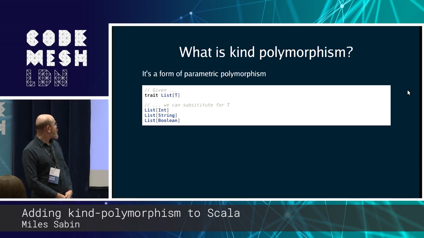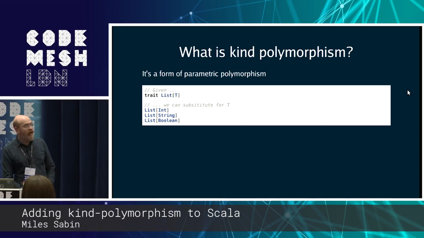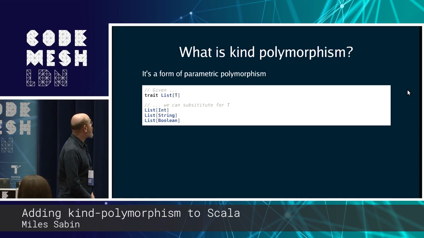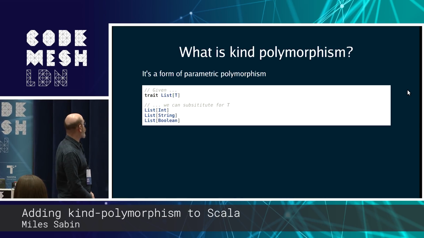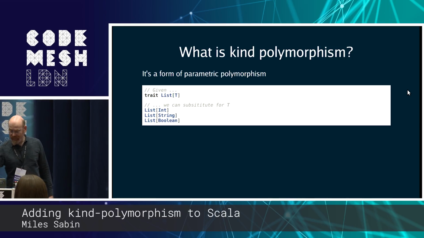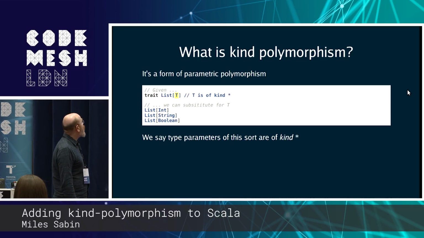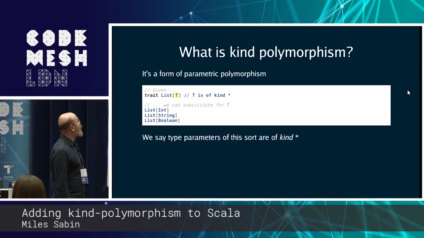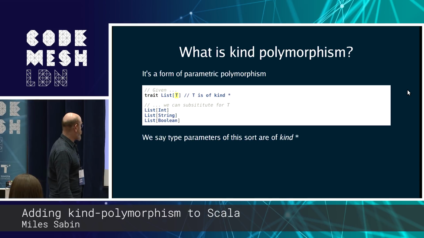Given a polymorphic type List of T, we can substitute for T particular instantiations of that type. So we can have lists of ints, lists of strings, lists of booleans. In this case, we talk about the kind of the type parameter. Here we would say that T is a type of kind star. That's the jargon for it.